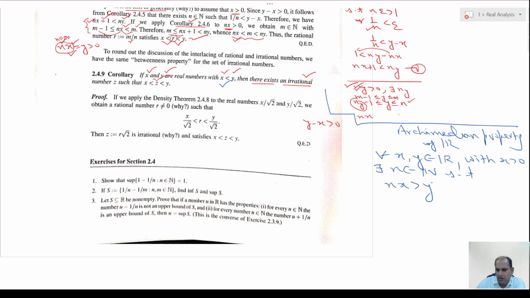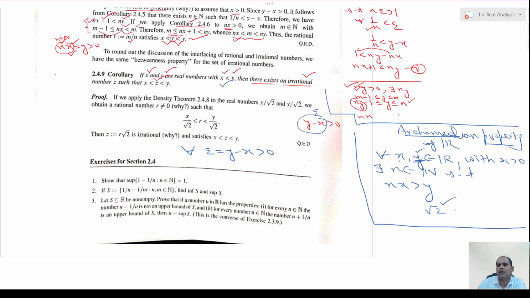Since this Archimedean property is true for each y, whether y is positive, negative, 0, rational, or irrational, in place of y I can take root 2. And yes, in place of y I can take root 2 because it is true for each y. So I can rewrite this statement, I can take this one as epsilon, and I can write that for every epsilon, that is y minus x strictly greater than 0, this is the statement.